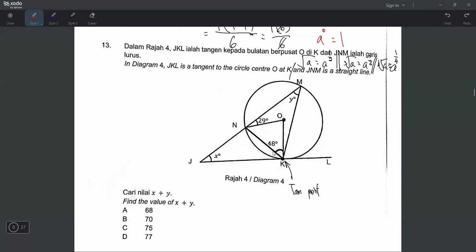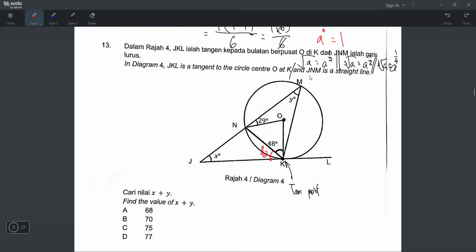I don't want to wait until later, because I'm scared I forgot to find this. So I'm just gonna find it now. 90 minus 48. I got 48 also. But that's weird. Circle center. If this is 90 minus 48 berapa? I got 42.